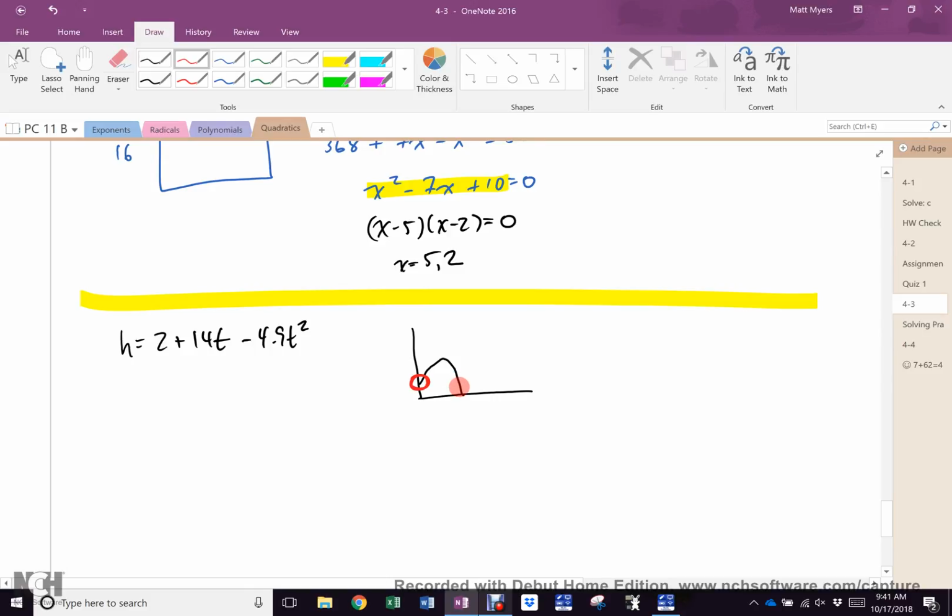Everyone agree? So, what is being measured down here? Time. What is being measured here? Height. This point right there has what height? 0. And what is the time? Do you know? No, it is time with a height of 0.